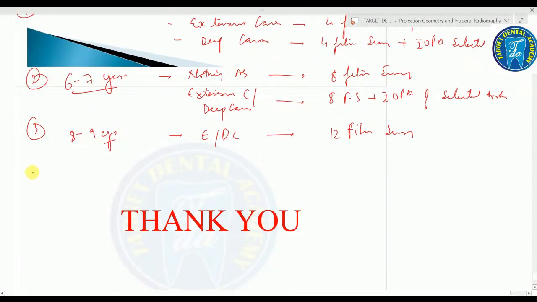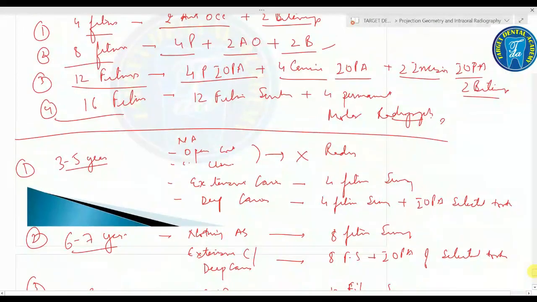Lastly, at the age of 10 to 12 years, if the patient has the same condition, extensive or deep caries, you prescribe the 12 film survey or the 16 film survey. This is very important.